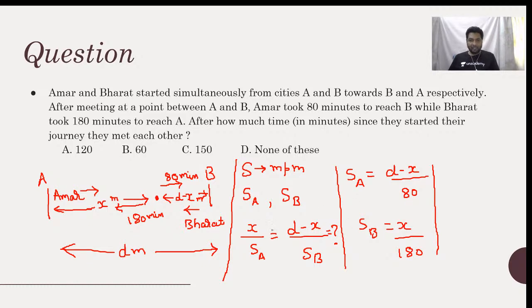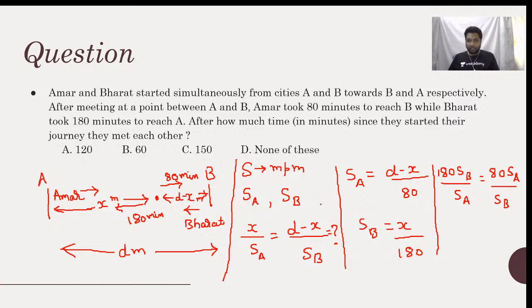Now, if we consider it in this particular fashion, in place of x, I can write it as 180 SB by SA. In place of D minus x, I can write it as 80 SA by SB.